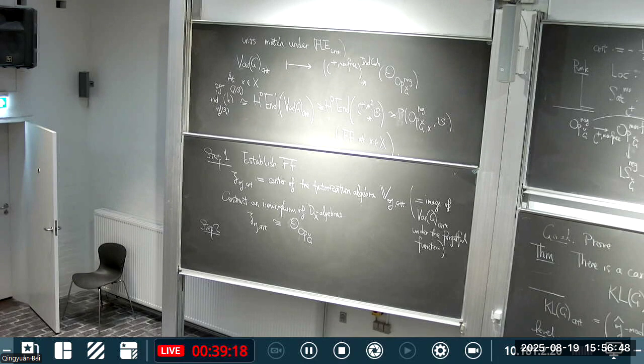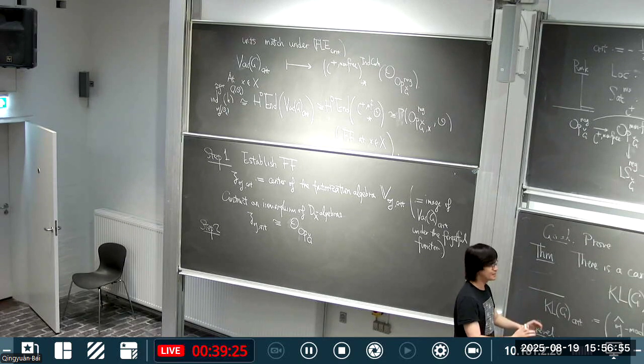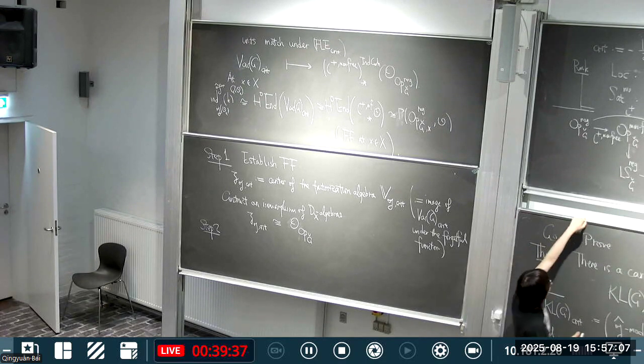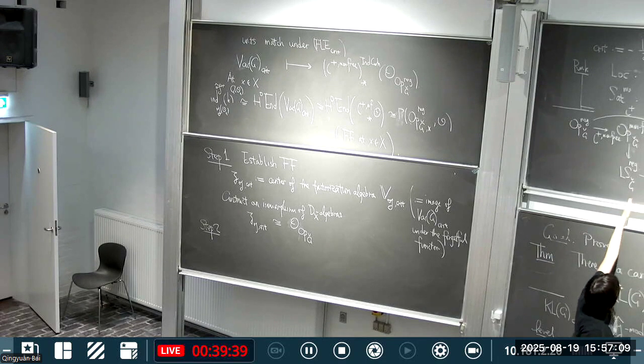This guy is a factorization free stack. It's a factorization in the affine scheme relative to the run, and in particular it has a factorization structure. It's formed by fiber products, all of which are factorization. So that's the right hand side.